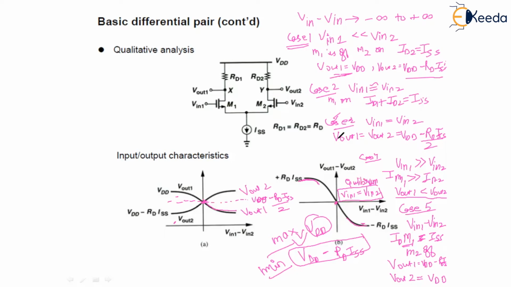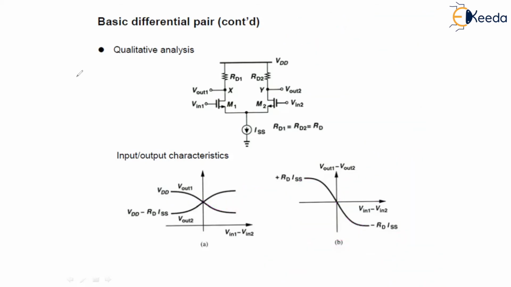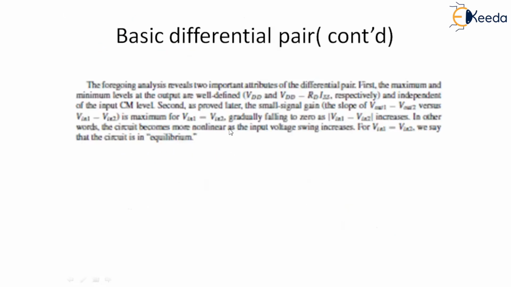So this is the simple, basic qualitative analysis of the differential pair we have seen. We have taken different cases, and we find two major attributes: the minimum and maximum levels of the output, that is VDD and VDD minus RD ISS respectively, are very well defined and independent of the input common mode level.